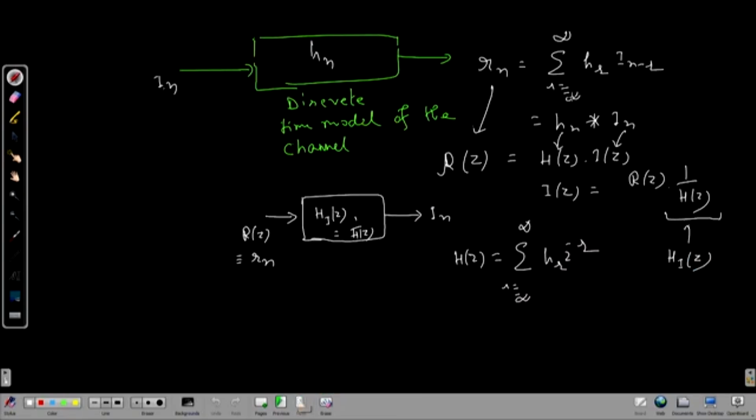theoretically the summation is from r minus infinity to infinity, but in practice Hr is 0 for r greater than some L and or less than minus L. Okay, there is a range from minus L to plus L, that is where it is confined.